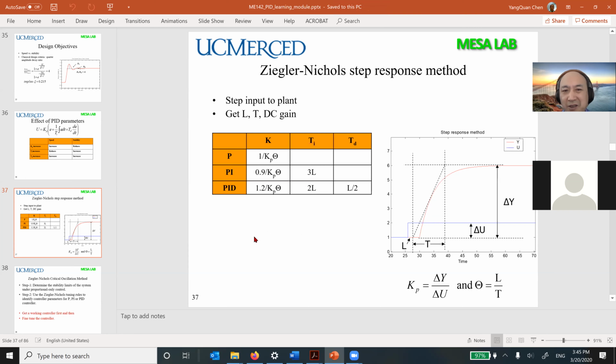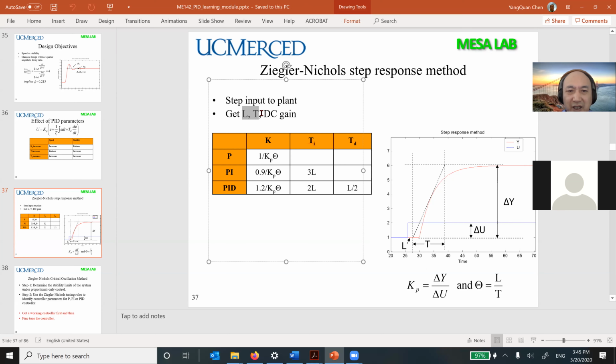Say I don't know anything about my system except I can do a reaction curve here. Delta U is my input. The reaction curve is the red one, and the steady state is delta Y. So delta Y over delta U will be Kp, and theta is L divided by T, my delay versus my time constant.